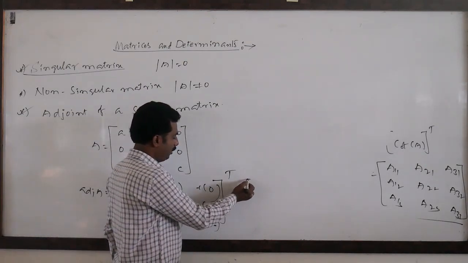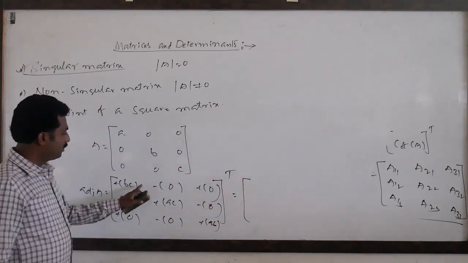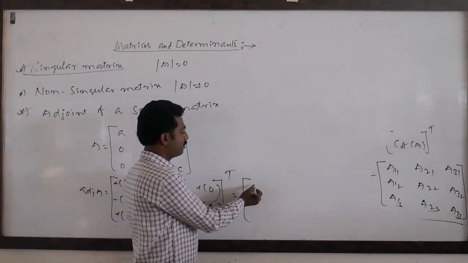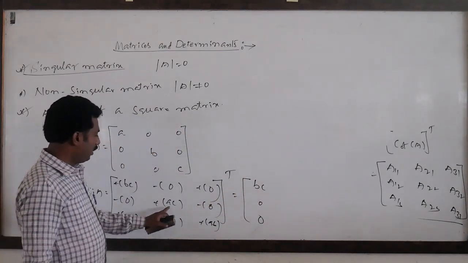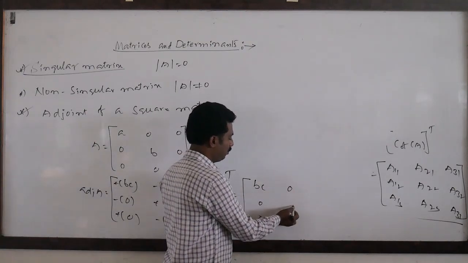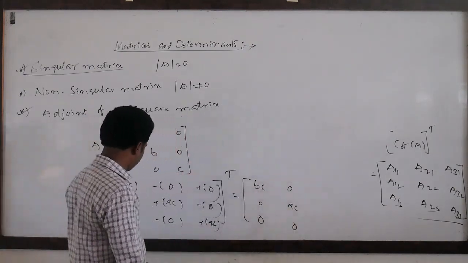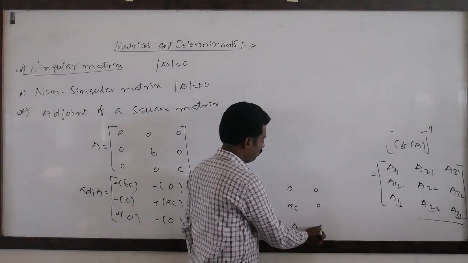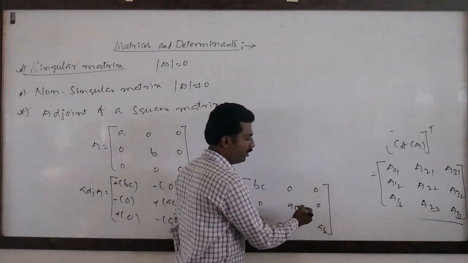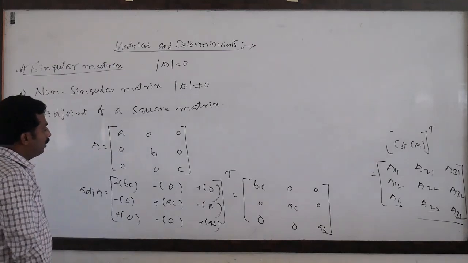So finally, here what is there? BC 0 0 becomes the first column, 0 AC 0 the second column, and the third column 0 0 AB. So very clear.